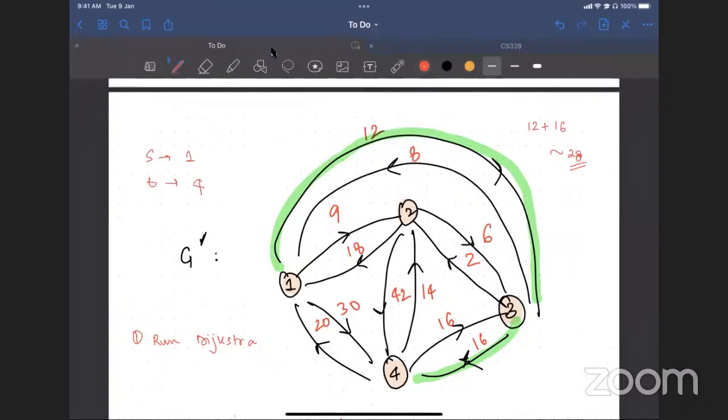Right. So I use Floyd-Warshall to build G dash, and then in G dash I can run Dijkstra to get the shortest path from S to T. So this is my whole algorithm basically, and it's up to you how you implement this in Python or C++ or Java.